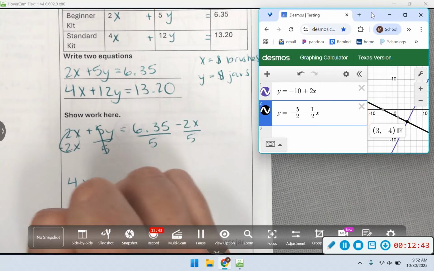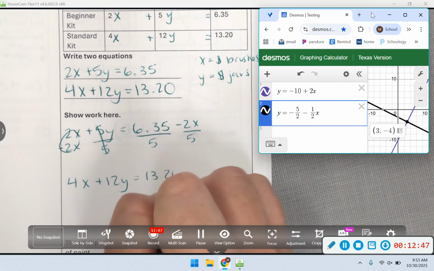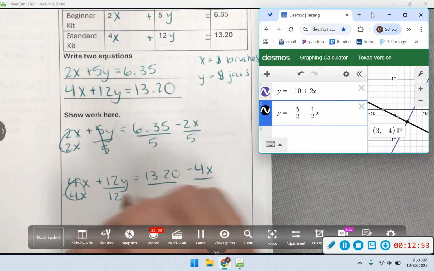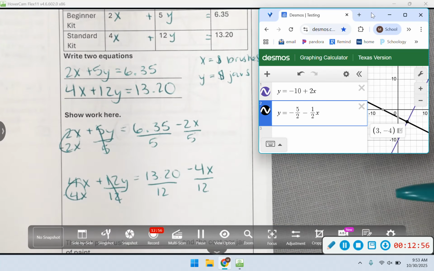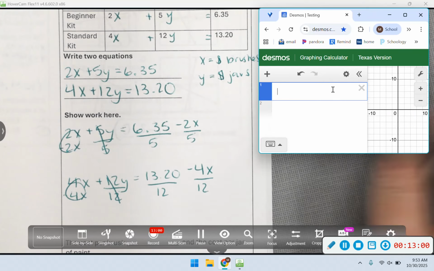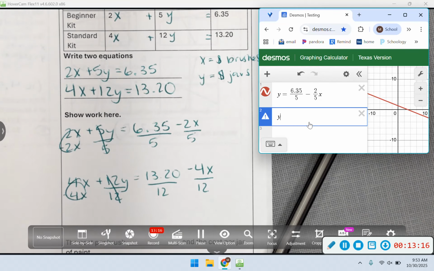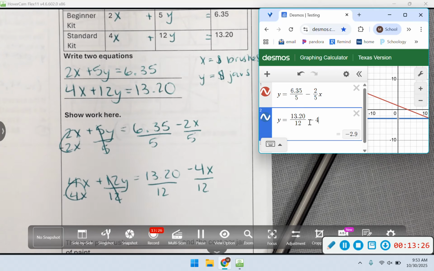So my other equation, move my x, divide by y, and I'm going to type those in. And we're going to see where they touch.